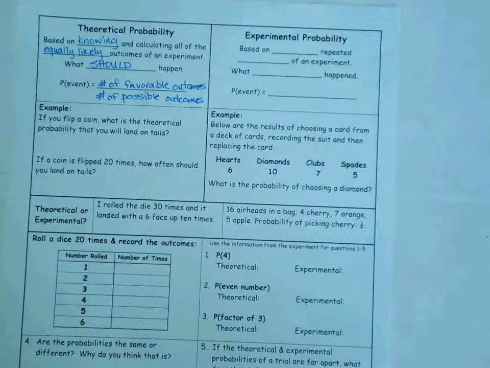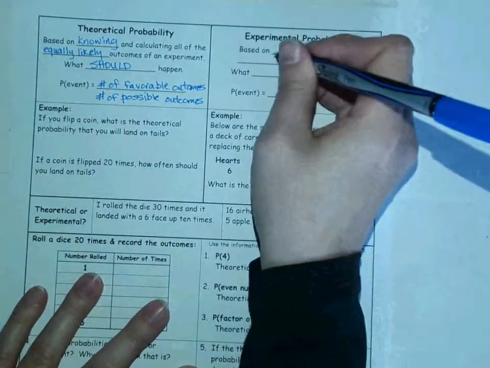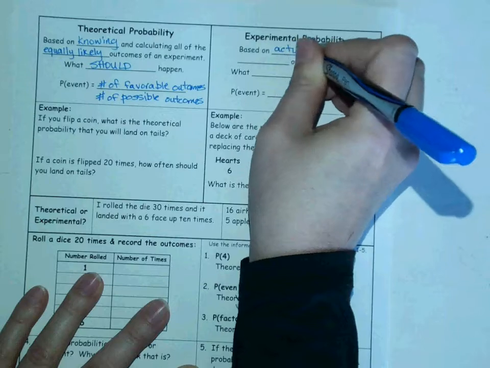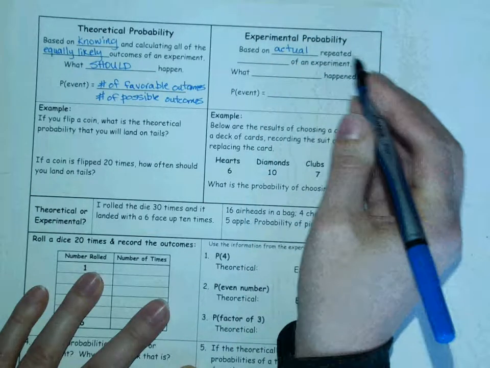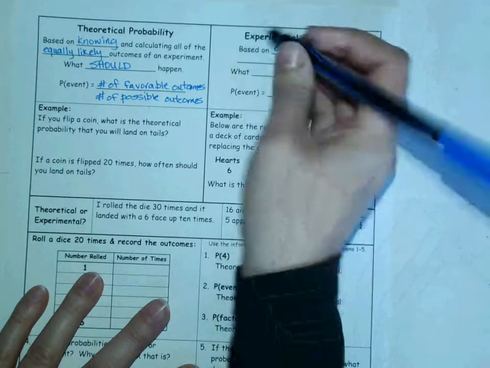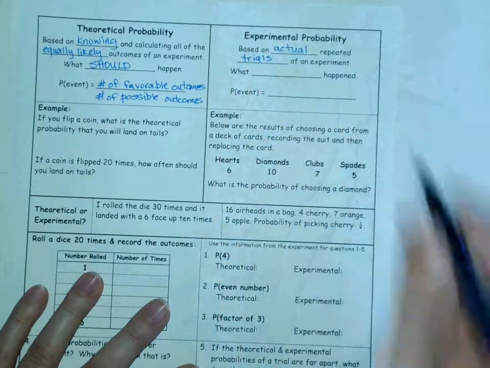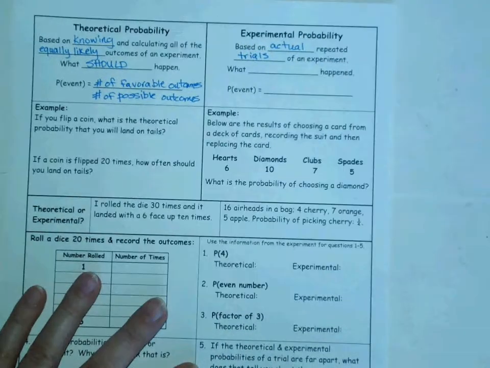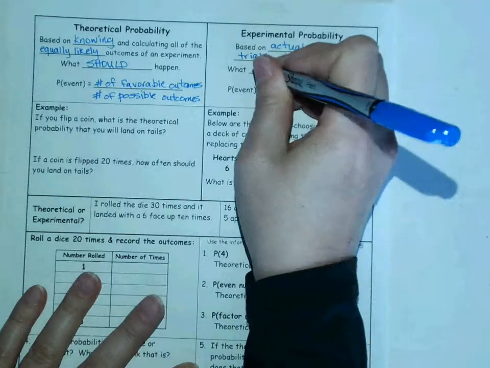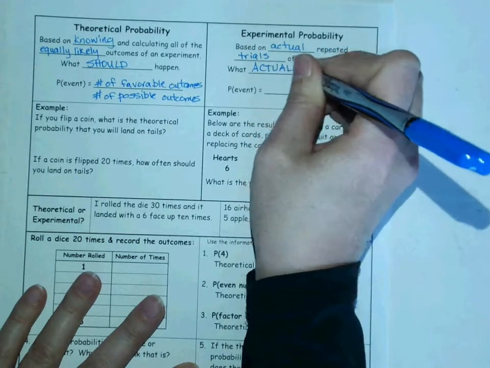Experimental probability is a little bit different. That's when you're actually conducting an experiment, and it's what does occur when you're conducting that. So it's based on actual repeated trials of an experiment. So it's what actually happens.